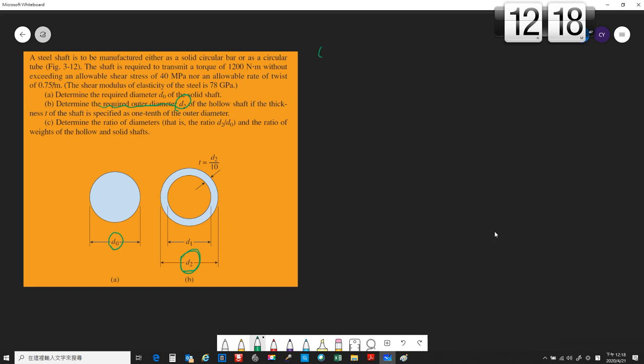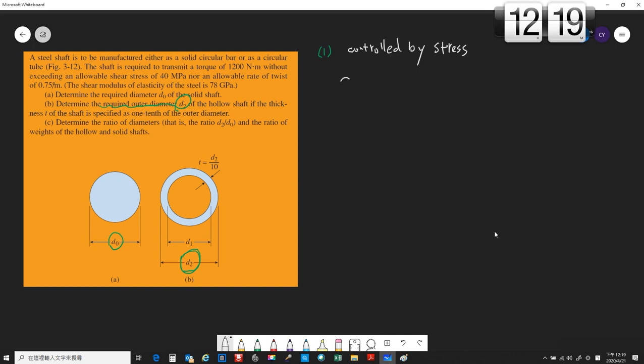Remember the first step is you need to control by stress. Control by stress. So you will use the similar idea.